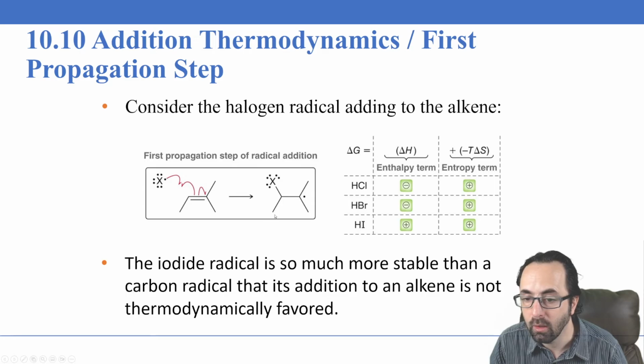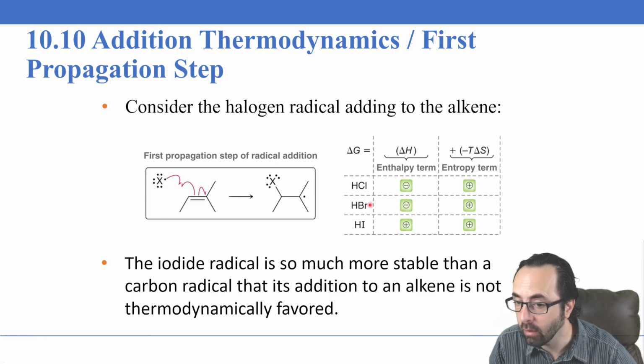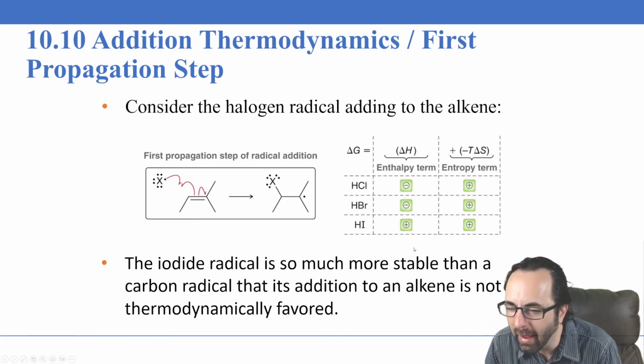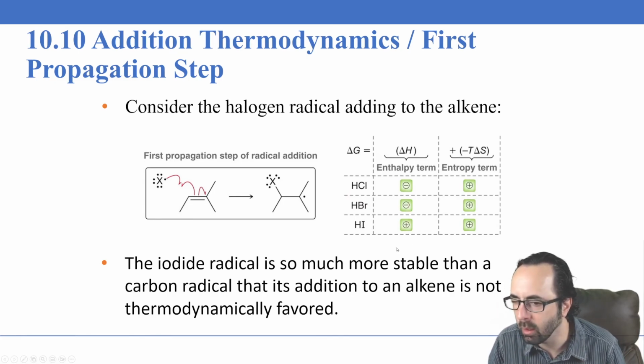For the addition of HCl, it's going to be exothermic, also for HBr in this last step here. So this is the propagation step here, and we're going to get a negative, exothermic, for HBr as well. It's going to be endothermic for HI. And let's think about why, just very simply, without doing all the numbers.